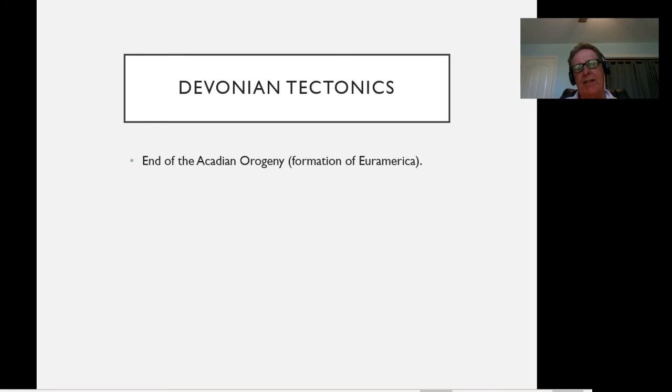So we're beginning to see the destruction of this ocean between Euramerica and Gondwana, and the formation of Euramerica, which marks the formation of this northern landmass, begins in the Silurian and ends during the Devonian. So we're witnessing the other half. Remember, Gondwana formed in the Cambrian, and Euramerica is forming in the Devonian. So we got those two pieces that are going to come together.